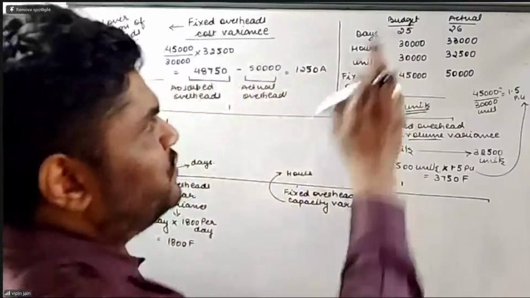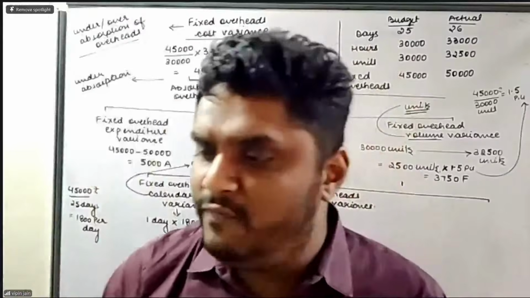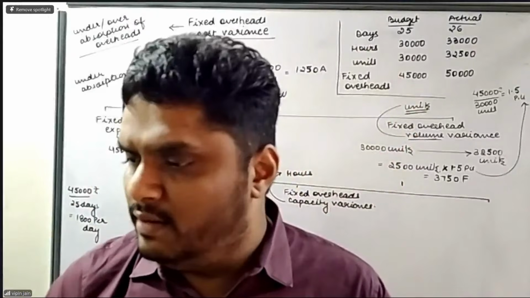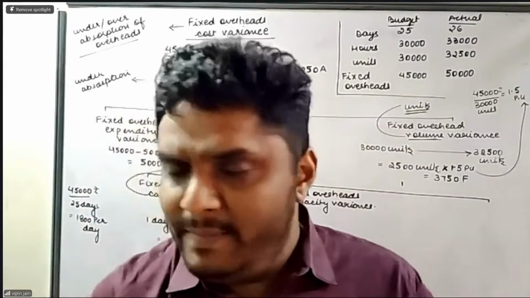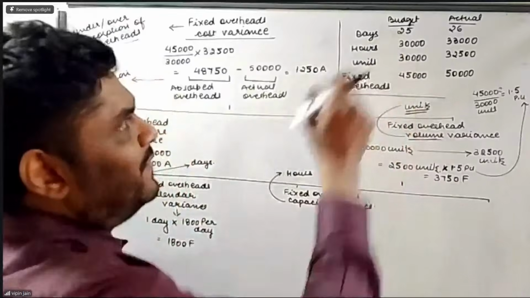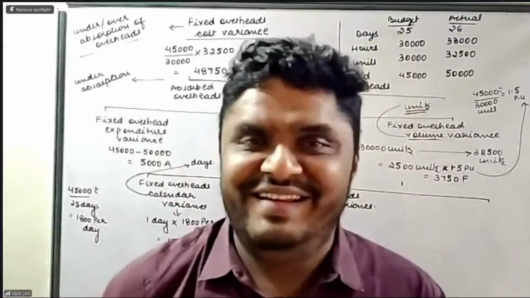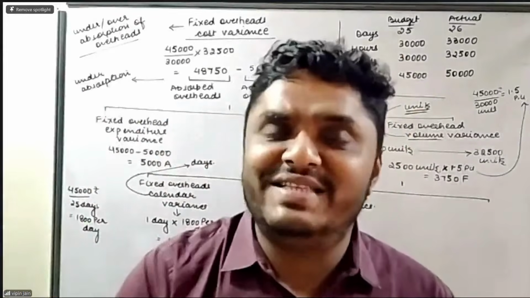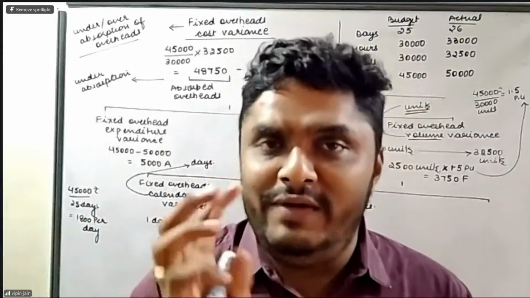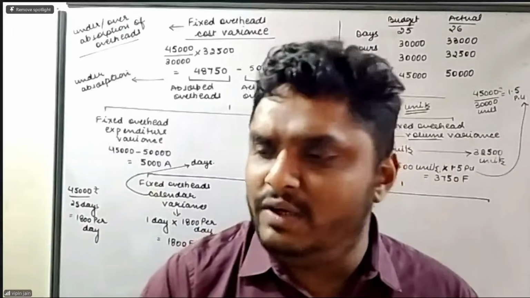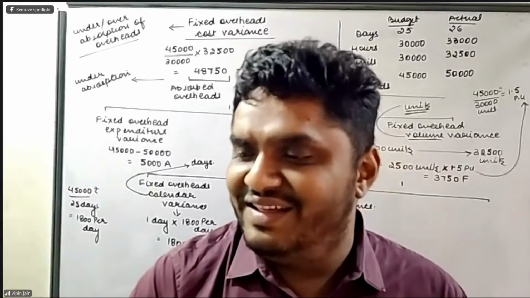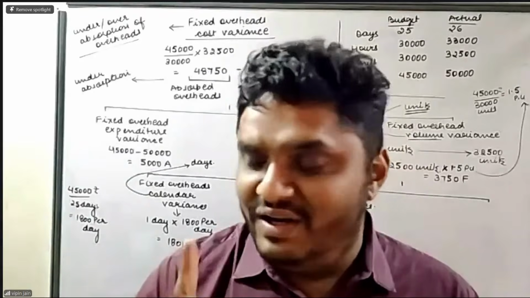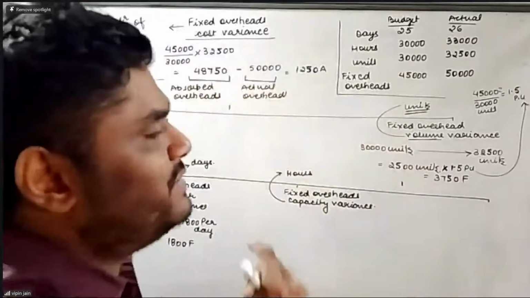Now next question from my side. See, we were supposed to work for 30,000 hours, but we worked for 33,000 hours, right? Yes, sir. But see, these 30,000 hours were for 25 days, and 33,000 hours is for 26 days. So can we say that this 3,000 answer is correct or incorrect? My question is, do you think 3,000 hours is the difference?